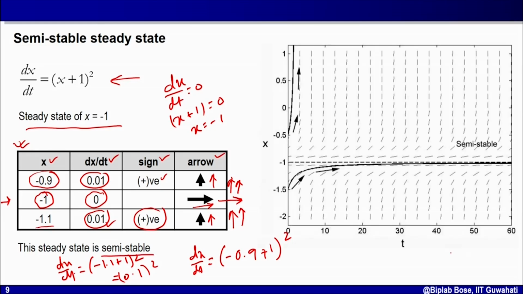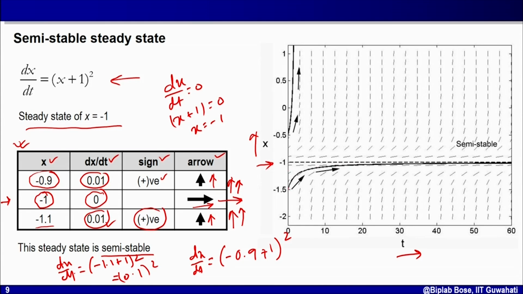Let us look into the direction field of this. I have t on this axis, x on this axis. What we have plotted? We have plotted the arrows. The arrowhead has not been given to keep it clear. This has only one steady state, that is minus 1, so I have drawn a dotted line here.